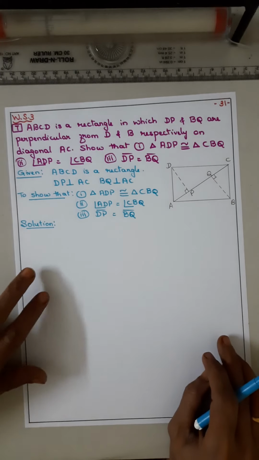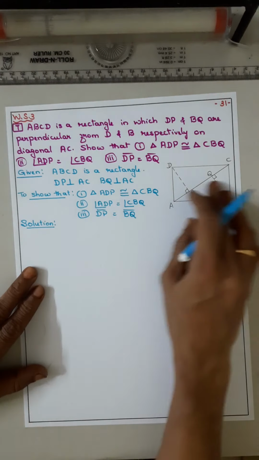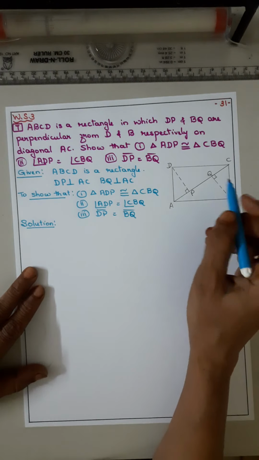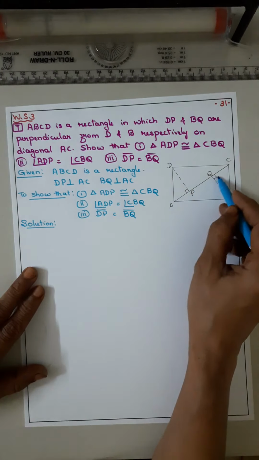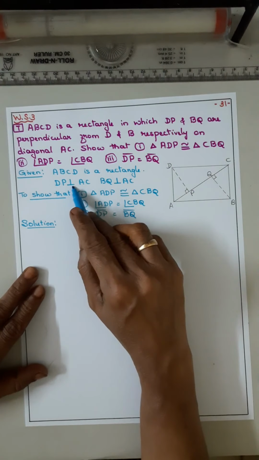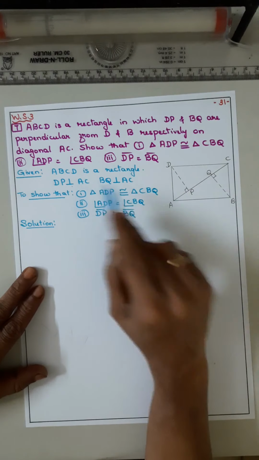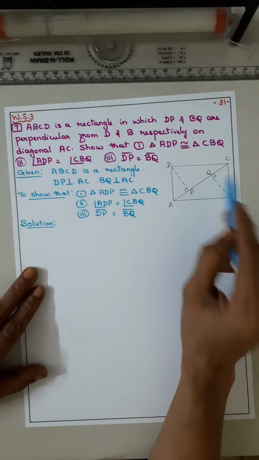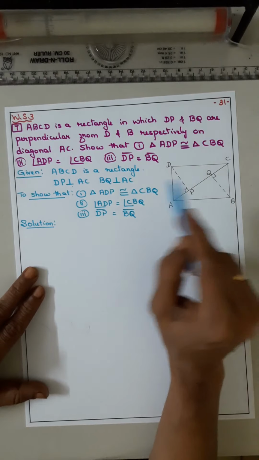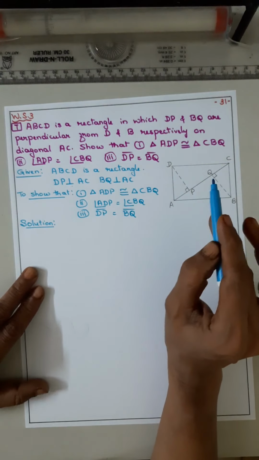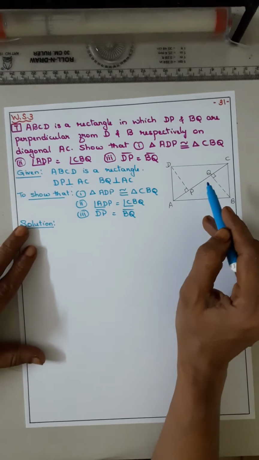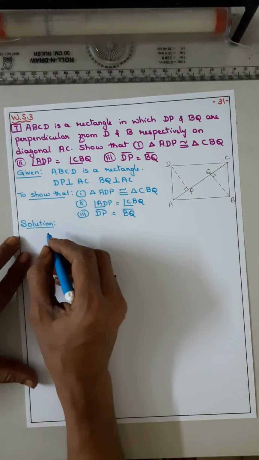So first write given: ABCD is a rectangle. DP is perpendicular to AC, and BQ is perpendicular to AC. To show: whatever is asked, you have to write. Now coming to the solution.